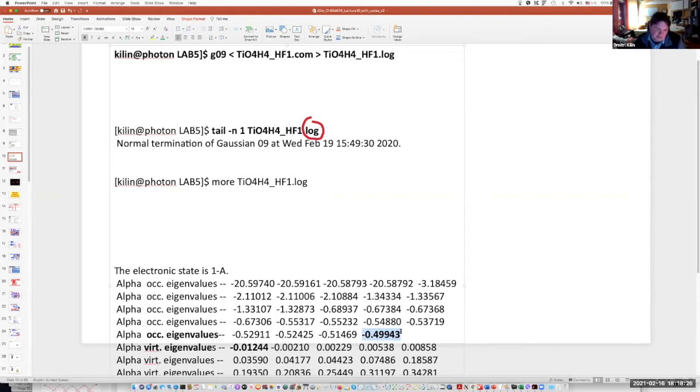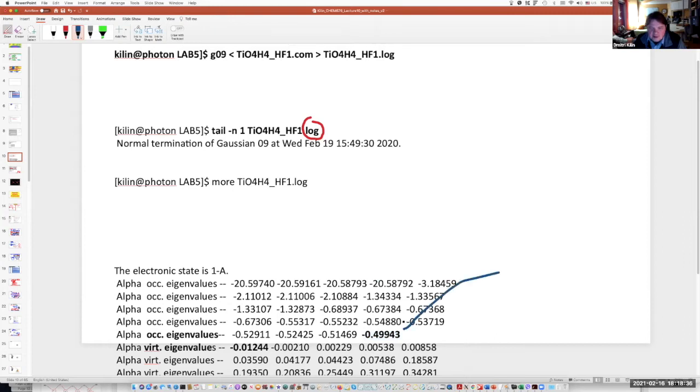But here, just take as a definition: consider the energy of HOMO as ionization energy, and the energy of LUMO, the first virtual, as affinity.